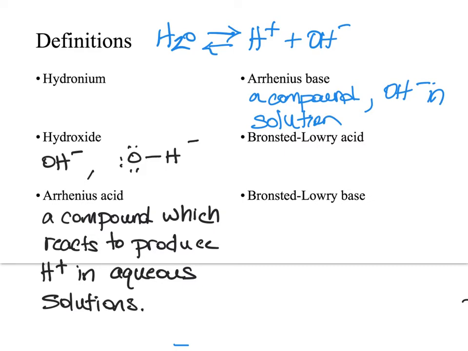A different type of definition for acid and base is Bronsted-Lowry.